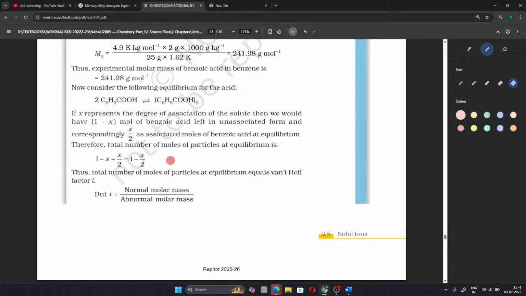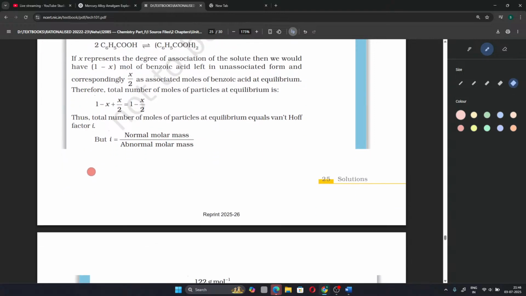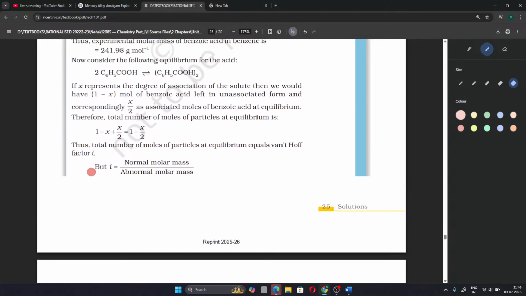Therefore, the total number of moles of particles at equilibrium is 1 minus x plus x by 2, which is equal to 1 minus x by 2.